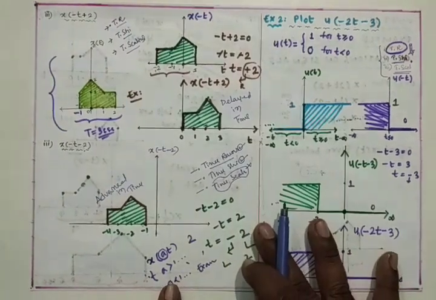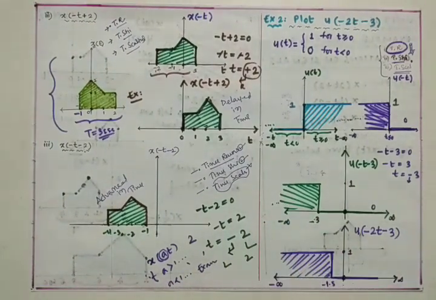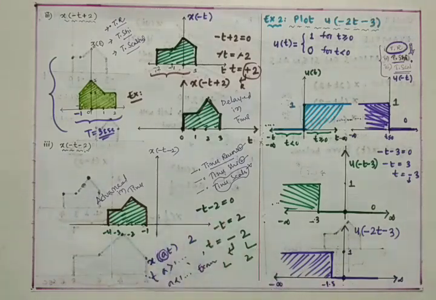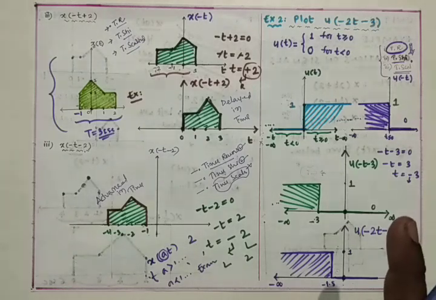This is the best example of all the operations applied on one particular signal. By having this knowledge, we can plot any type of signal. First you have to remember the key point. When you are going to draw any complex signal, first of all we must go through the time reversal operation.